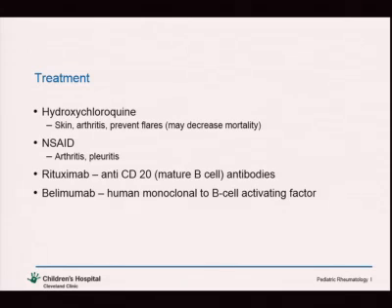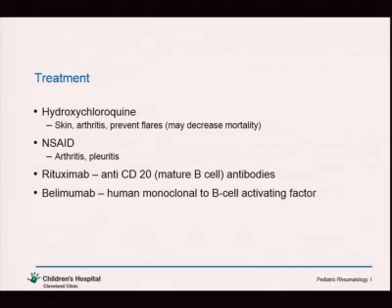Hydroxychloroquine is a medication that helps prevent disease flare and can help skin lupus. Non-steroidals may help your joint pain, but typically aren't a treatment for lupus. Rituximab is not FDA approved for lupus, but is used when there's cytopenia, so autoimmune hemolytic anemia and significant thrombocytopenia, so you're preventing the maturation of B cells from being able to make antibody production.